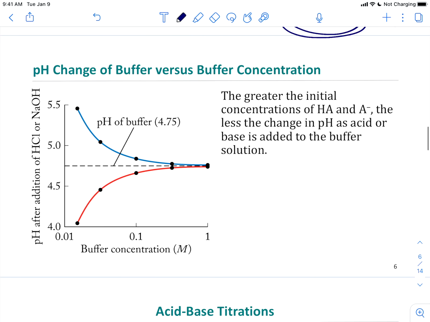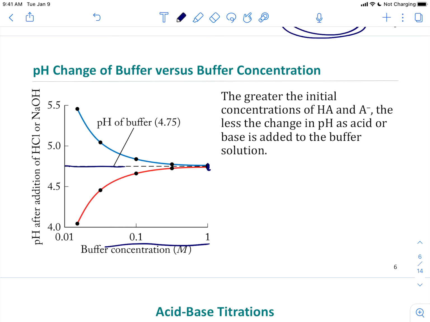And here's the pH change. This is what I was thinking about here of a buffer versus the buffer concentration. So here's the buffer concentration on the x-axis, and you have a high buffer concentration. You stay close to that buffer pH, even as we're adding HCl, which is going to lower the pH, and we're adding sodium hydroxide, which is the base, which will raise it.